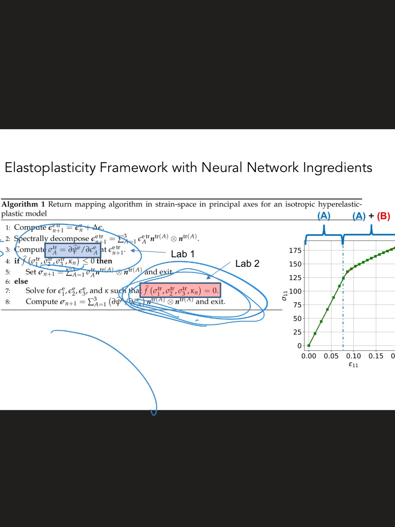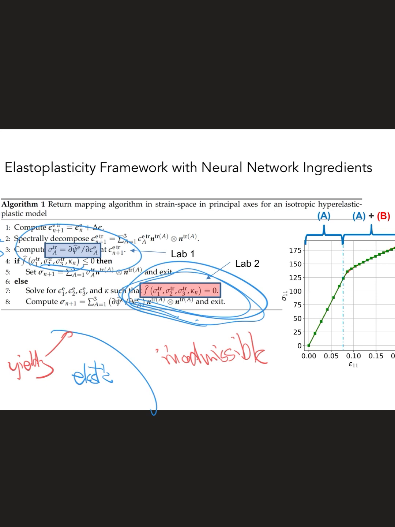Like what we mentioned before, inside the yield surface is elastic, on the boundary is yielding, and outside is inadmissible. Basically, an inadmissible window is the wrong answer. You need to correct it.